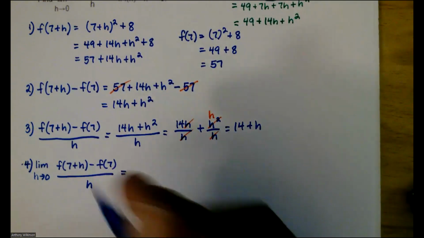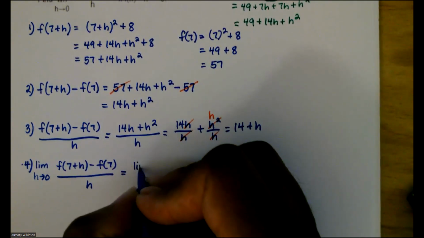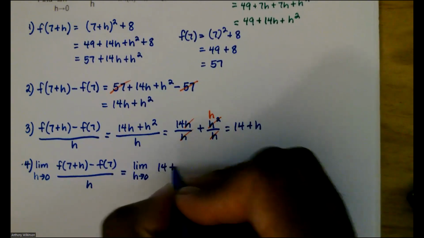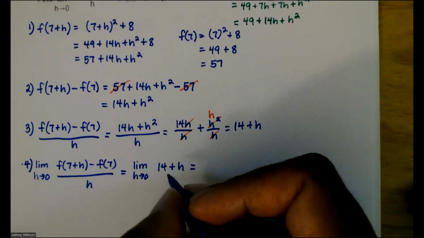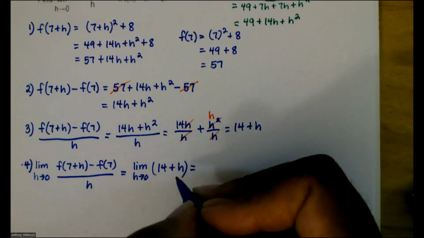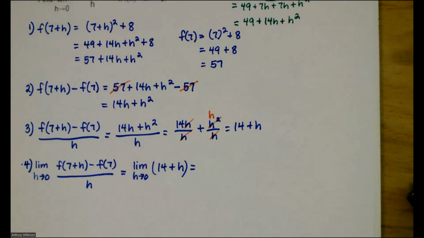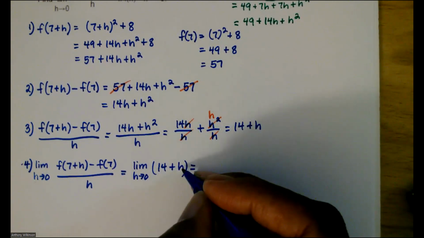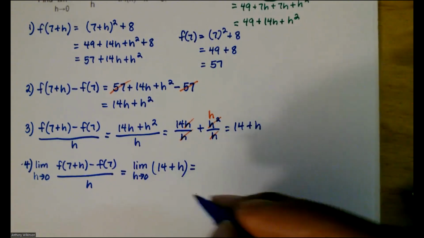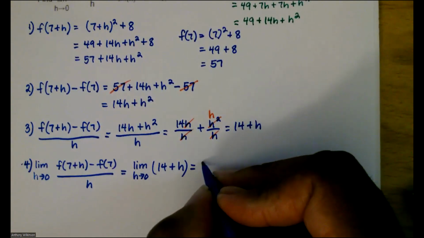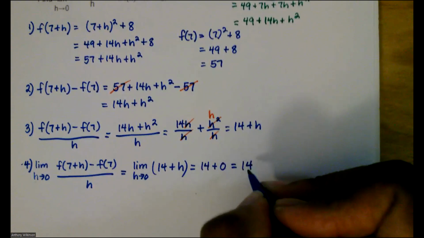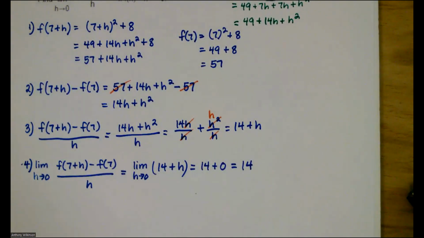But that turned out to be 14 plus h, so we have the limit as h approaches 0 of 14 plus h. Well, here we have an algebraic expression, or a polynomial expression, so we can use direct substitution here. So I can substitute the h with 0, so it'll be 14 plus 0, because h is getting closer and closer to 0, so 14 plus 0 ends up being 14.